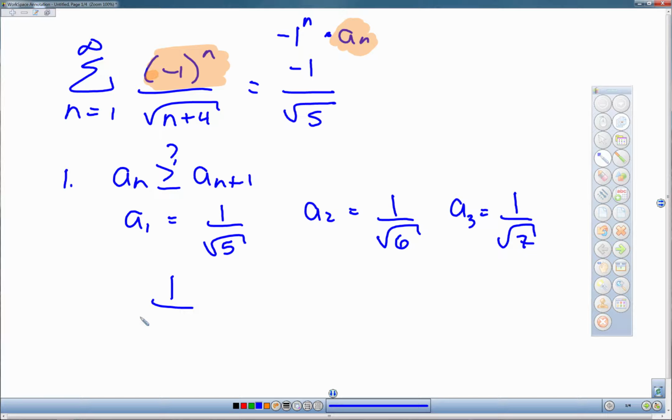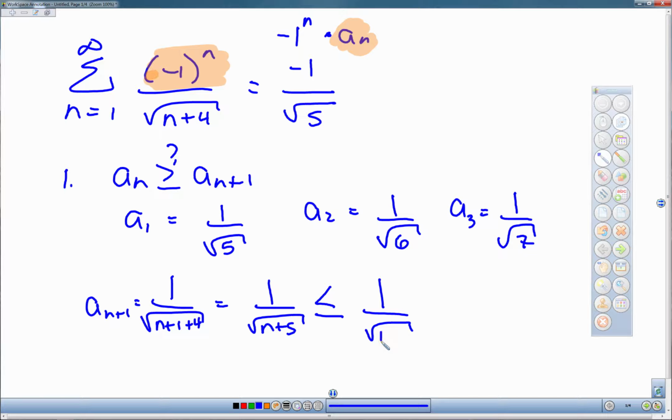We have 1 over the square root of n plus 1 plus 4, which is 1 over the square root of n plus 5. This would be a sub n plus 1. That is clearly smaller than 1 over the square root of simply n plus 4, which was our a sub n.